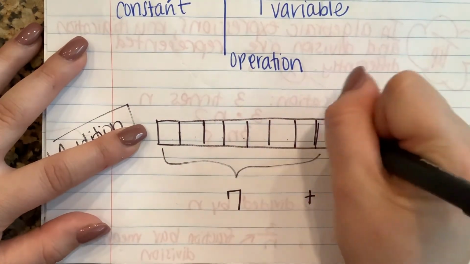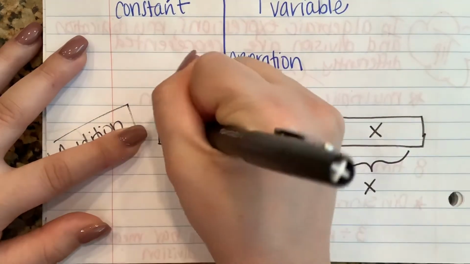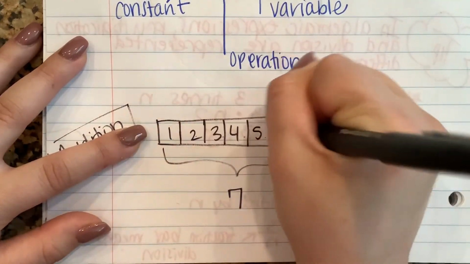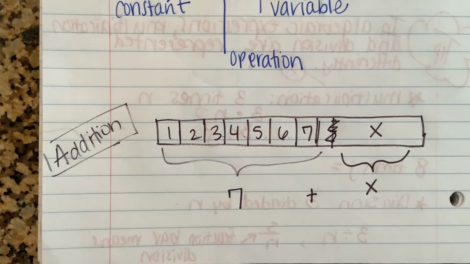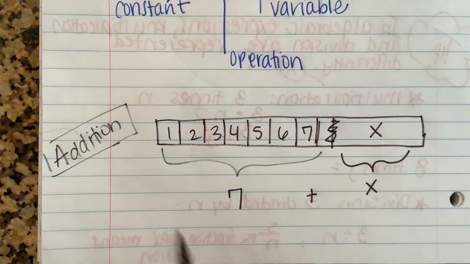Whoops, I did 8 by accident, so not that one. 1, 2, 3, 4, 5, 6, 7 squares, and this will be part of my x. So I have my 7 represented here, and I have my x, my missing number, represented. 7 plus x. Notice I'm not solving, I'm just asked to draw a model.